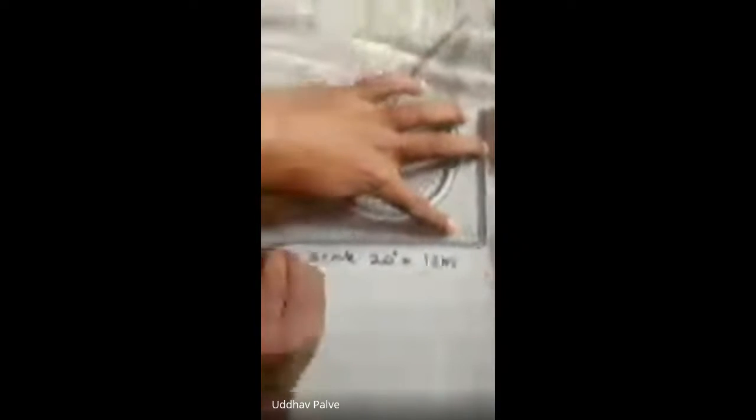So on the horizontal axis, one complete rotation of the cam will be 18 centimeters. So I'm drawing this line of 18 centimeters. Understood? Can you see this? This is the 18 centimeter line.